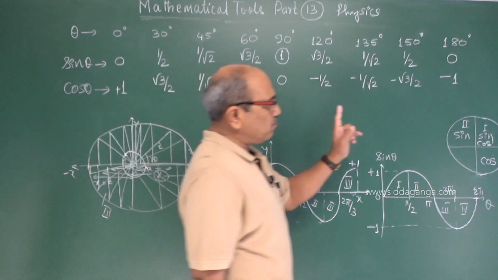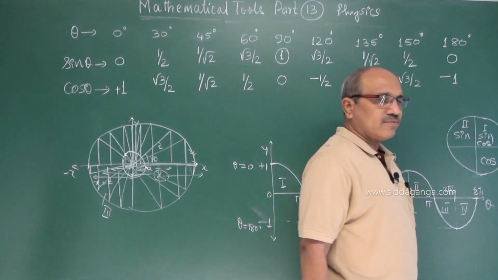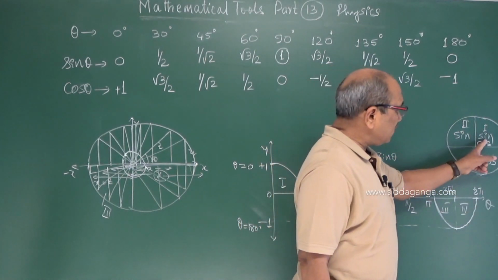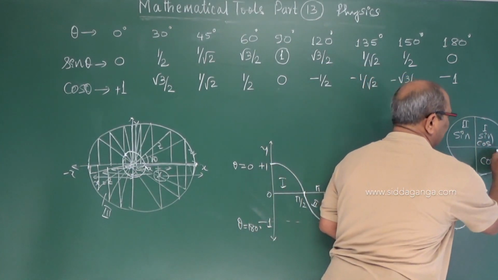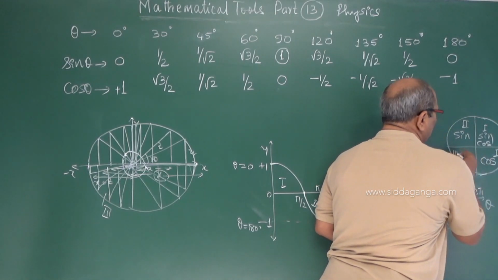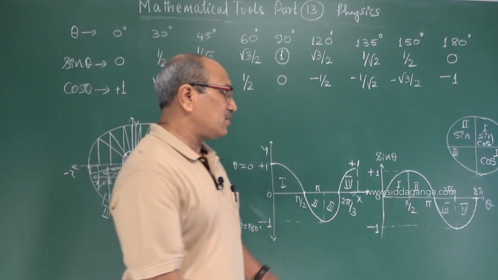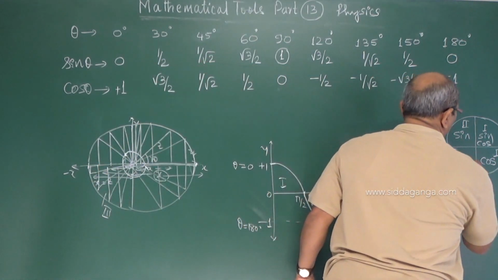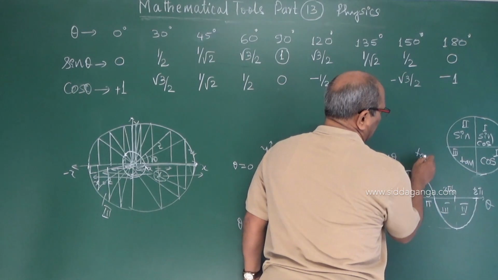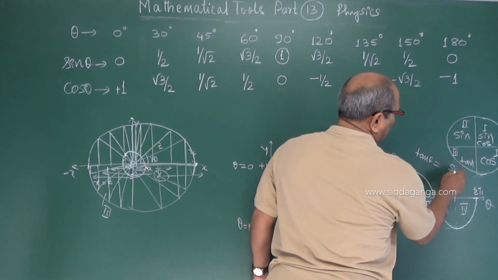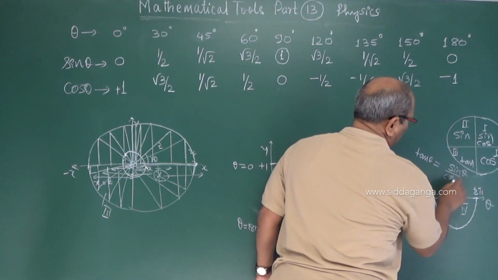So sine is positive in the first and second quadrants. Cos is positive in the first and the fourth quadrants. Then what may be positive in the third quadrant? It is nothing but the tan. Why? Because tan theta is sin theta by cos theta.